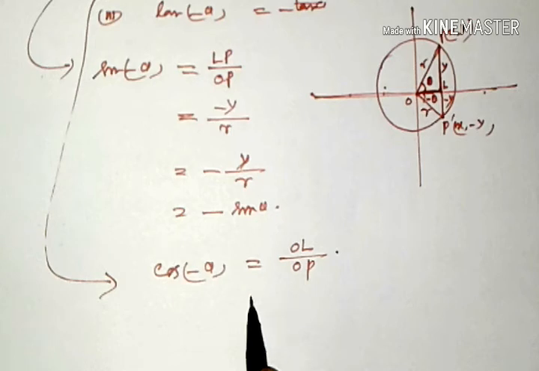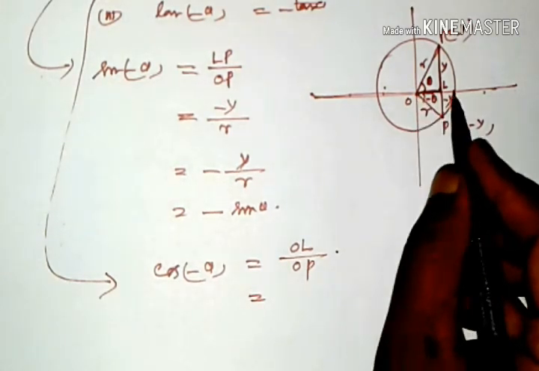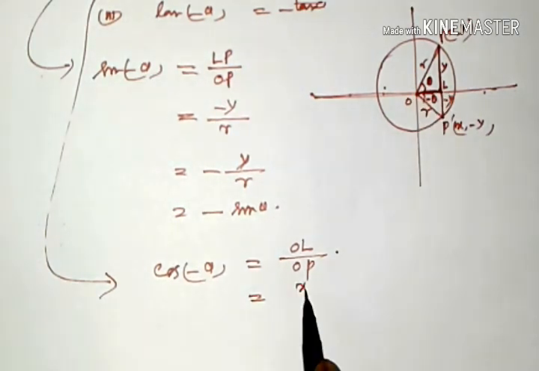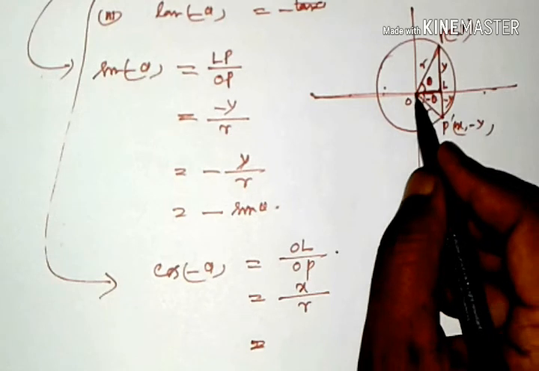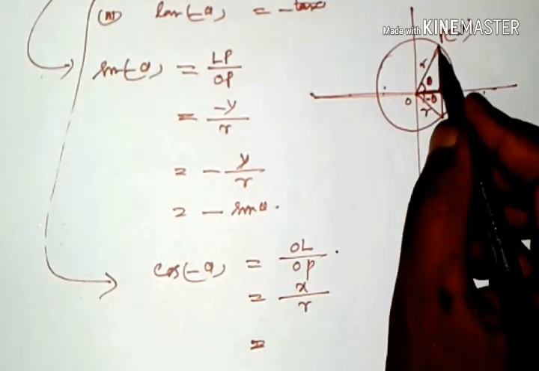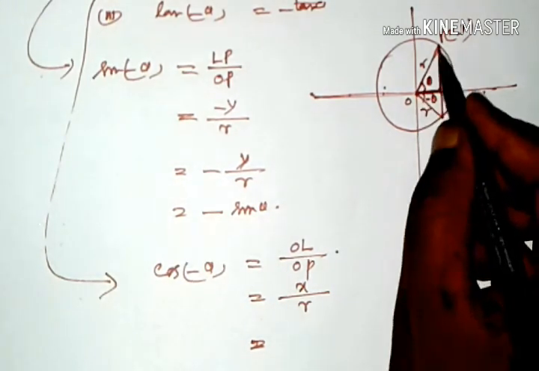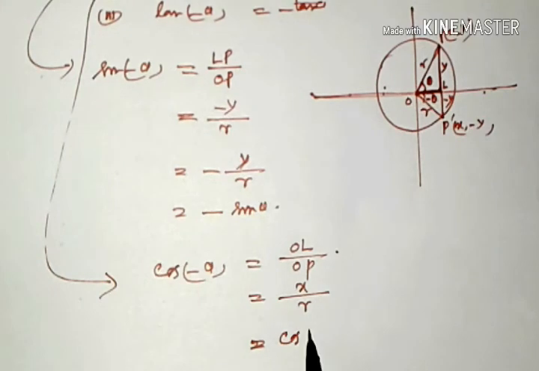OL is this distance, this is x. OP' is r. So x by r, base by hypotenuse, so we can take it as cos theta. Therefore, cos minus theta is equal to cos theta.